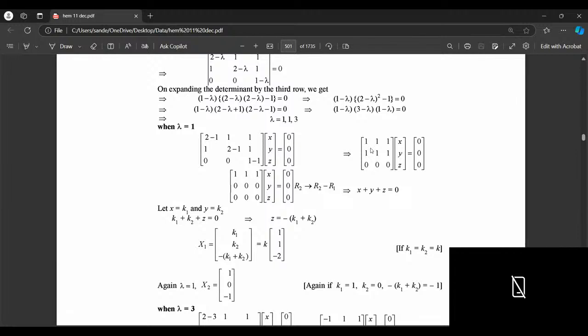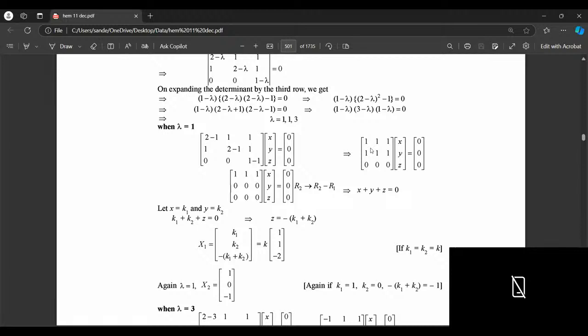This is the procedure. We have to choose x equal to k1, y equal to k2, and z in terms of k1, k2 for the repeated roots. Then we have to choose the values of k1 and k2.